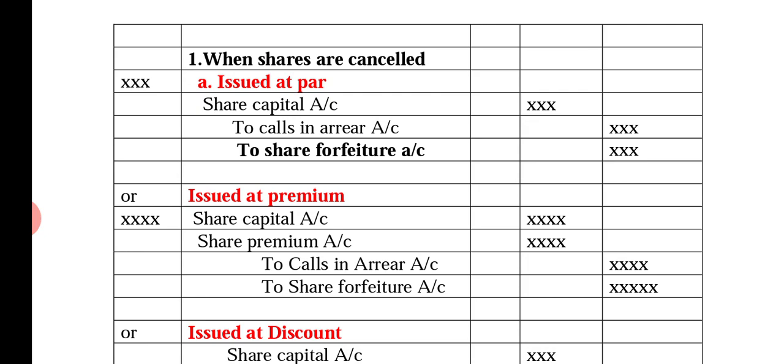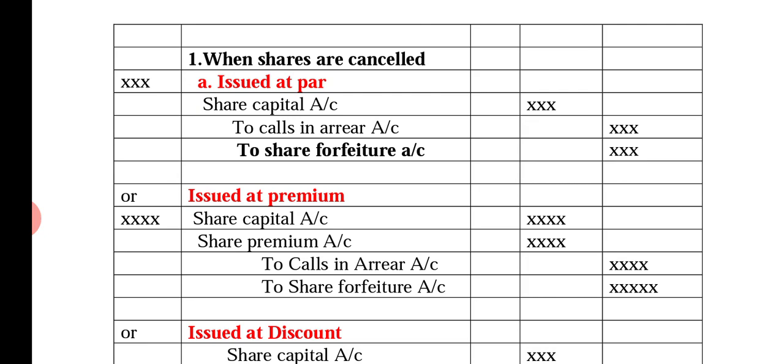So what is the called up amount? Say for example, share value is 10 rupees. You collect 2 rupees on application, 3 rupees on allotment, 2 rupees on first call and 3 rupees on final call. The shares are cancelled for non-payment of first call. The directors issue notice to pay the amount up to the first call, not the second call.